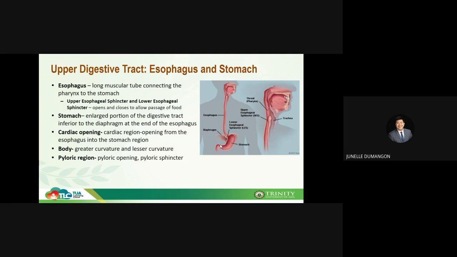And then, it also has an opening at the bottom before it goes to the small intestine. And we call that the pyloric region, and the gate is called the pyloric sphincter. So very strict, no, yung digestive system natin. Before food can go to the next level, they must first be allowed by our sphincters to pass through.